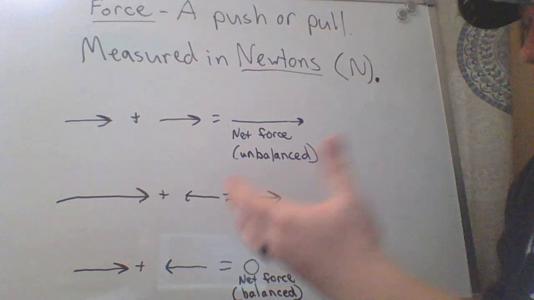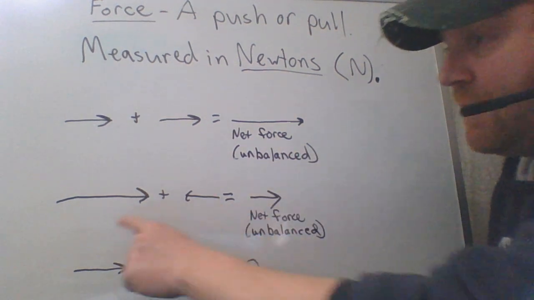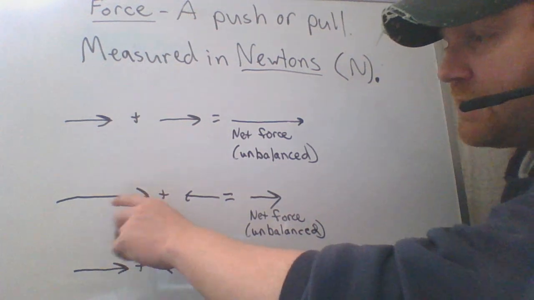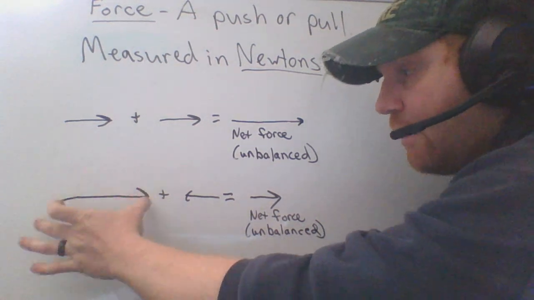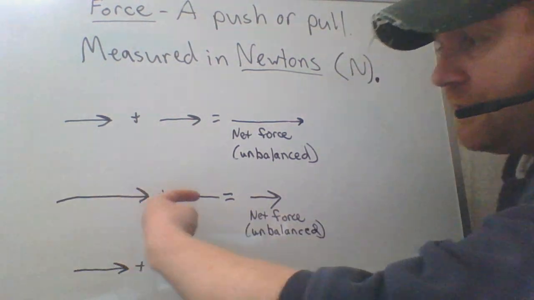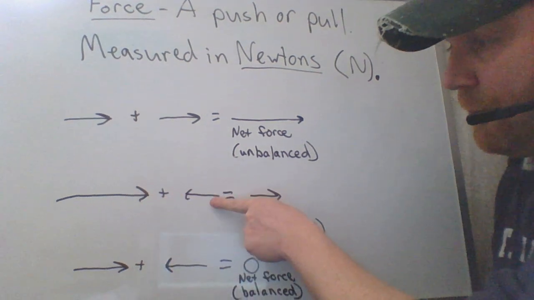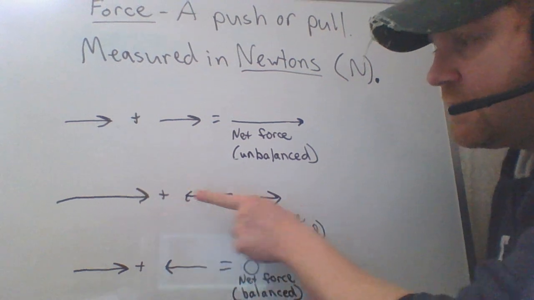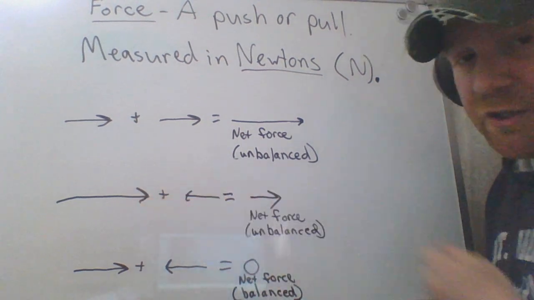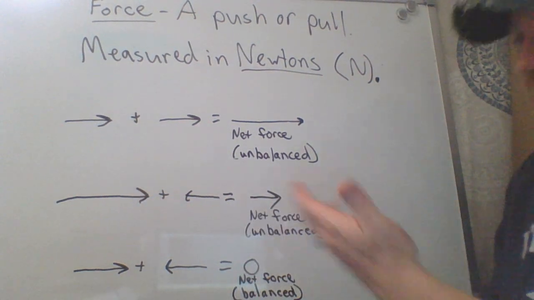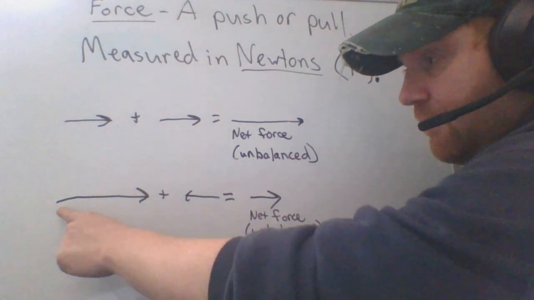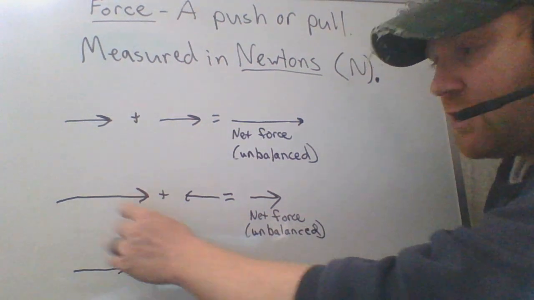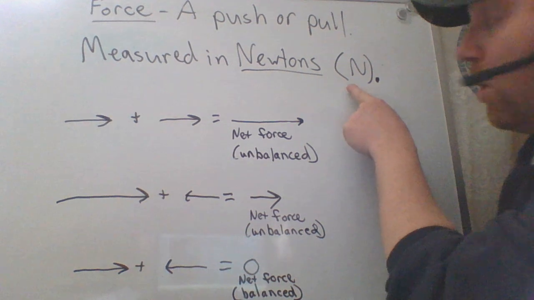The next picture on page 73 shows someone pushing with a lot of force on the box in the right-hand direction, but there's someone on the other side pushing with a smaller amount of force toward the left-hand side. As you can imagine, the force to the right is much greater, more newtons.